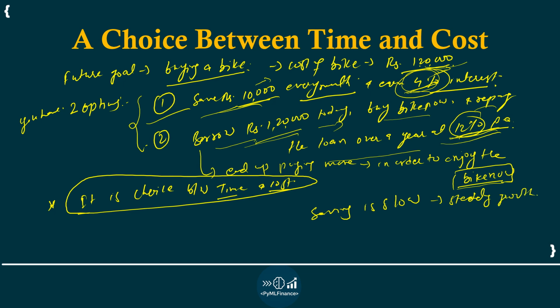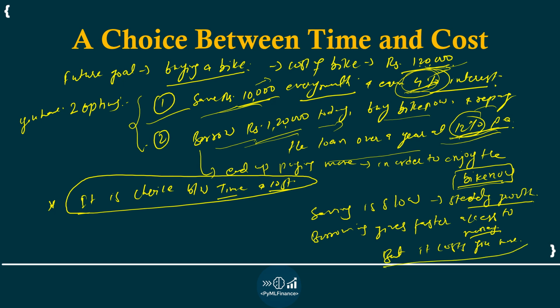You are getting 4% interest, but borrowing gives you faster access to money. No doubt it gives faster access to money, but it costs you more. After 1 year, when you have paid the 1,20,000 rupees for the bike plus 12% interest, you will see that the cost of the bike is more than 1,20,000. So you end up paying more when you borrow money to have access to money faster.